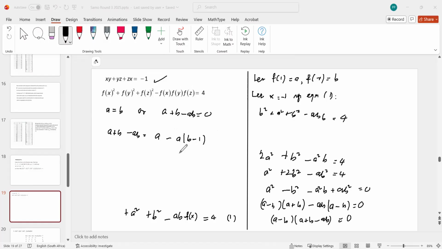Right. Now we had that all this is equal to 0. So this is b plus. Sorry.